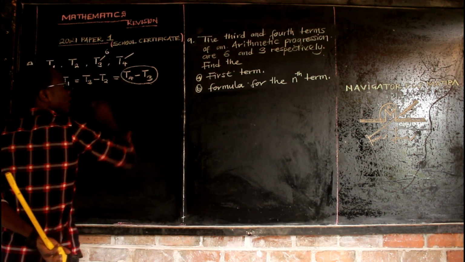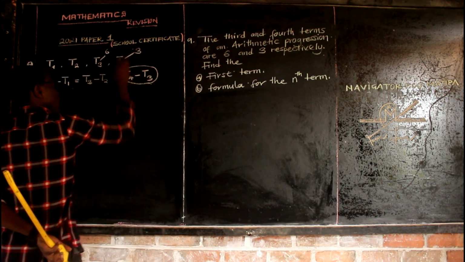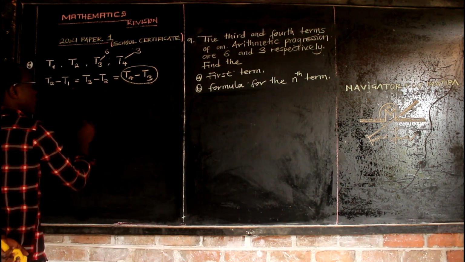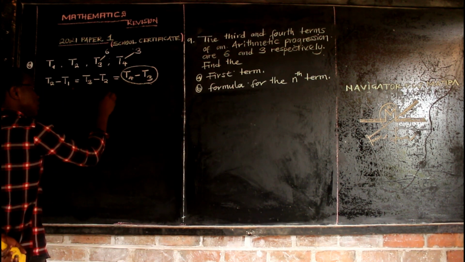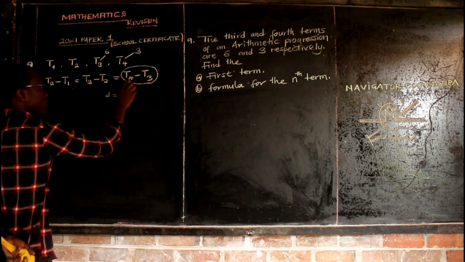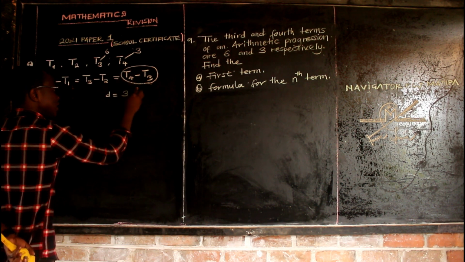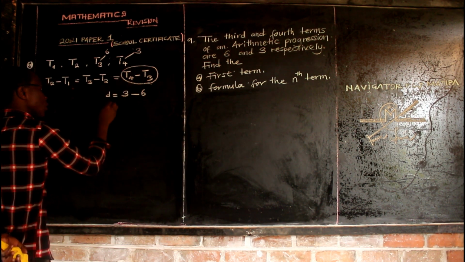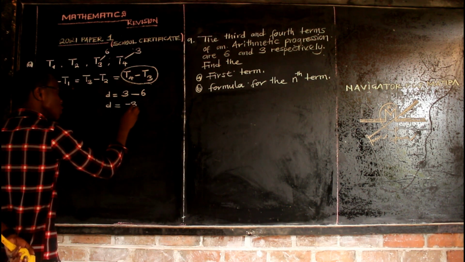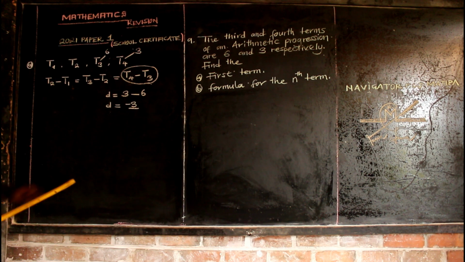Term number 4 is 3. So the common difference, D, is equal to term 4, which is 3, minus term 3, which is 6. So 3 minus 6, you obtain negative 3. That is our common difference.